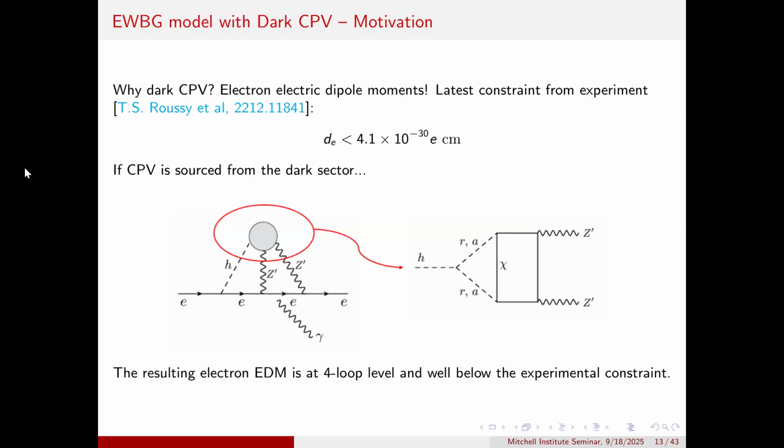In this block, we would have 2 more loops. Here R and A are the scalar fields that the singlet scalar couples to the Higgs, and this chi is a dark fermion. And this Z prime, as I will introduce later, is a new gauge boson. So this becomes a four-loop diagram for the electron EDM, which could be easily suppressed below the experimental constraint.